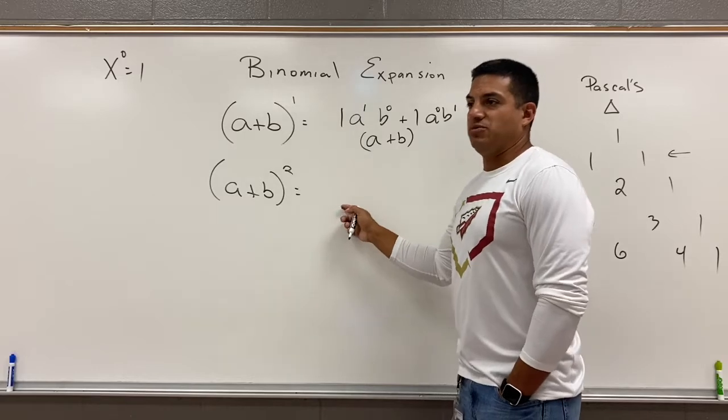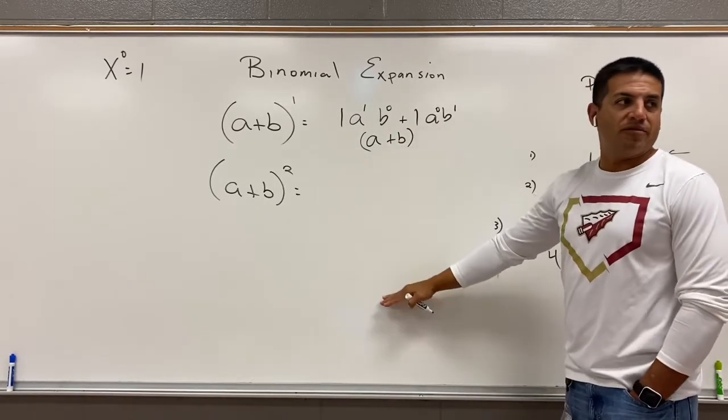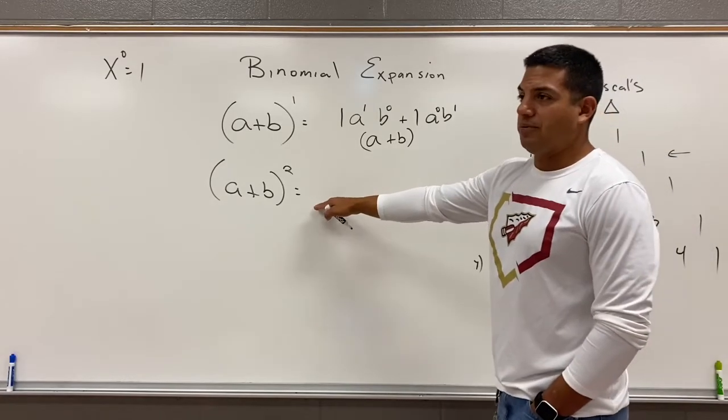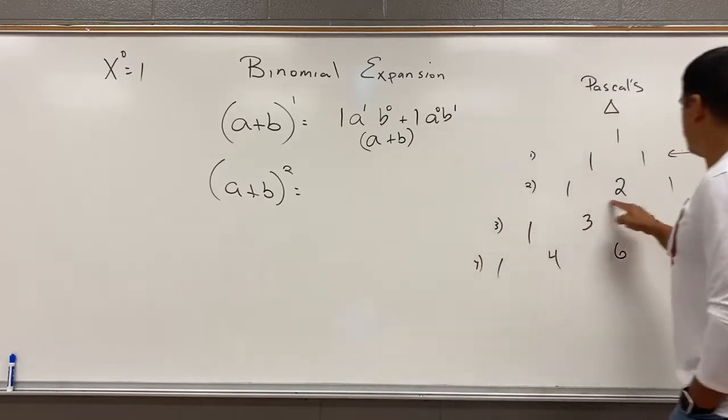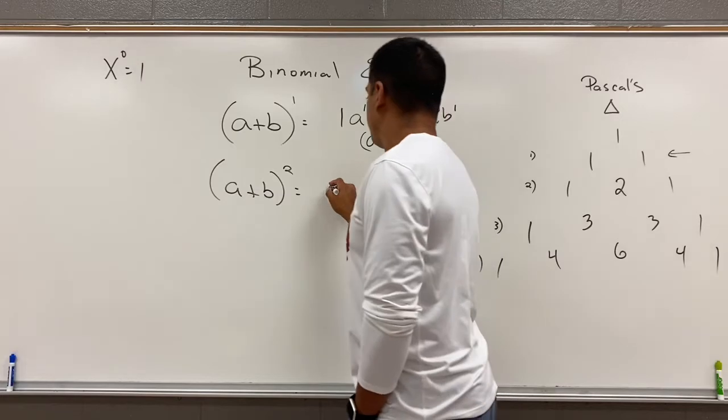But when we do this next one and then the third one, you'll understand why we started there to show the development of how this all works. So now let's look at A plus B squared. So we're going to use this term. So if I have 3 coefficients, I want to write A and B down 3 times.